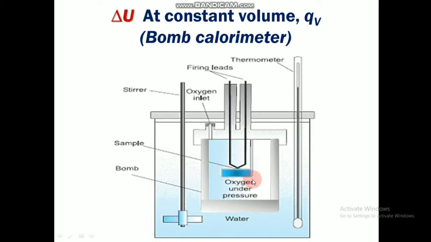If a substance wants to burn, then it needs oxygen. So that's why we are supplying oxygen to the system. So we have kept oxygen inside the system and we are giving an electric spark through these firing leads. So obviously the sample will burn, and the heat energy released when it burns is measured by the system.